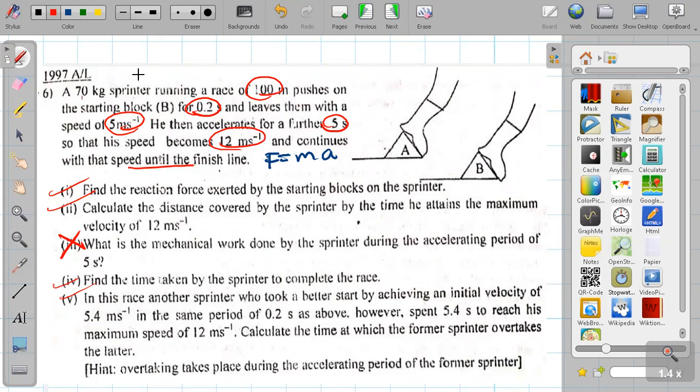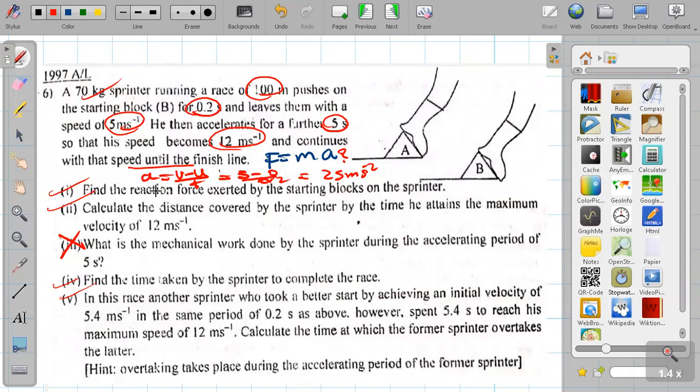Mass is given, but the acceleration is a question mark. Acceleration equals (v minus u) over t. What is v? 5 minus 0 over 0.2, which is 25 m/s². This is the acceleration in the first part.